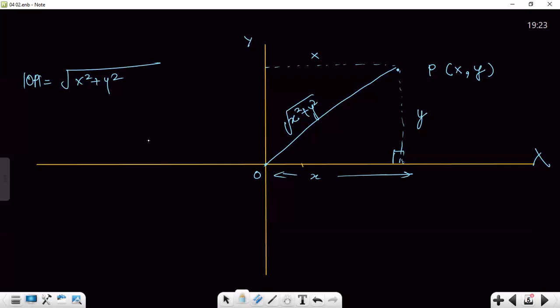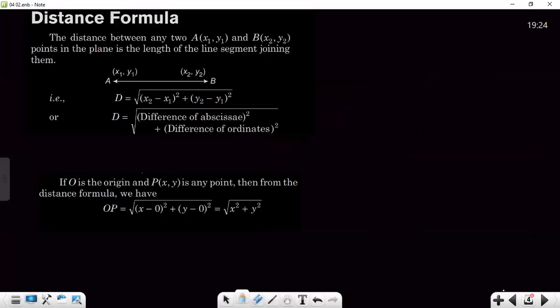If that is the case, we have to use this formula for the distance between 2 points. Let's call point A as x1, y1 and point B as x2, y2. The distance is the square root of (x2 minus x1) whole square plus (y2 minus y1) whole square.